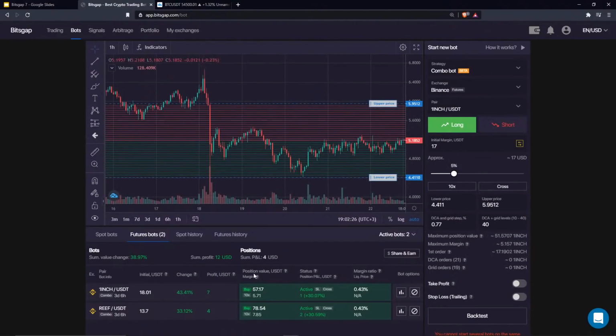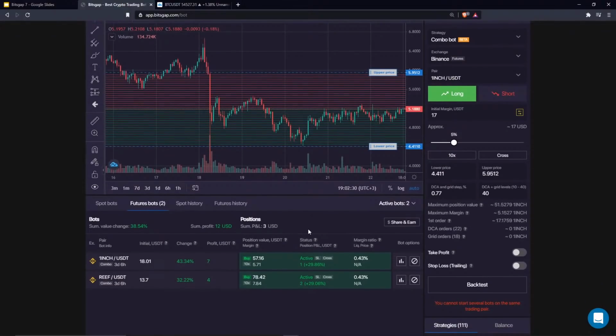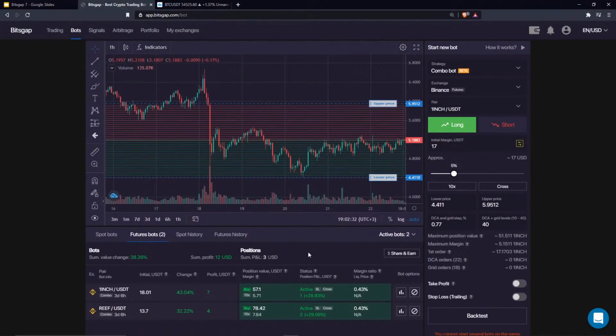You see that here the interface changes significantly. It might look a bit complicated, but I promise that we will cover each column step by step, so you will know exactly what each column stands for, how to analyze this data, and how to set the optimal configuration for the combo bot.